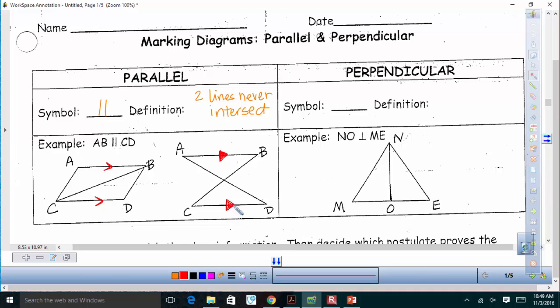So either one of them is fine. That's how you show that they're parallel. Now, just because they're parallel, does that mean they're congruent? No. So don't get confused when we start writing proofs and think that they're congruent. Okay?